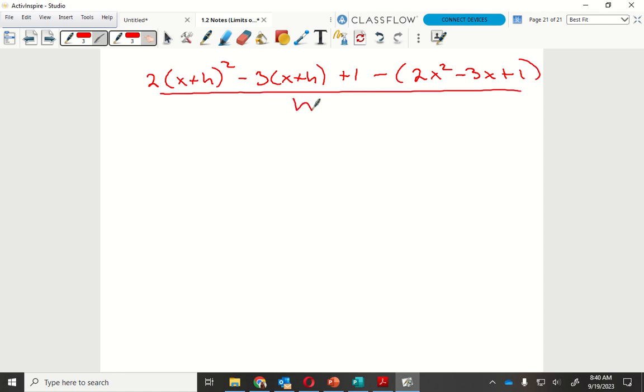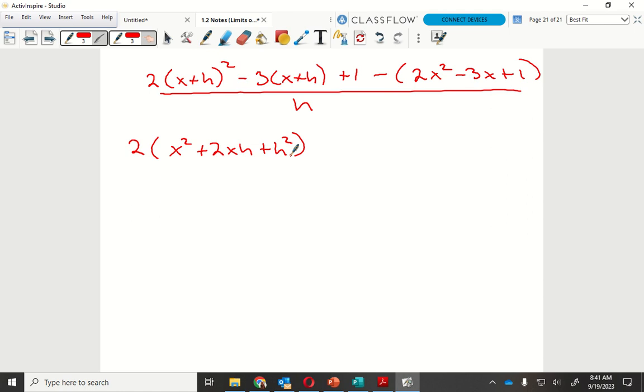Now, from here, I'm hoping you guys will remember the process to do my squares really quickly. So this is going to be 2 times, if I square that x plus h, I'm going to get x squared plus 2xh plus h squared. And there's a 2 because that 2 is out front of that.